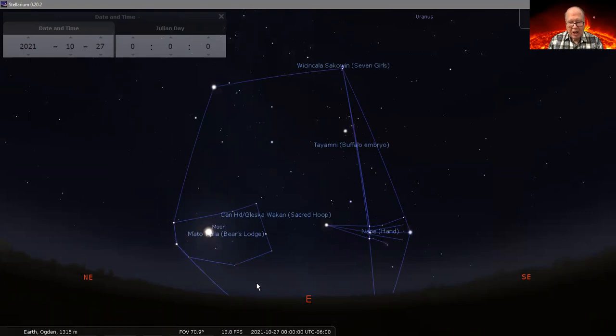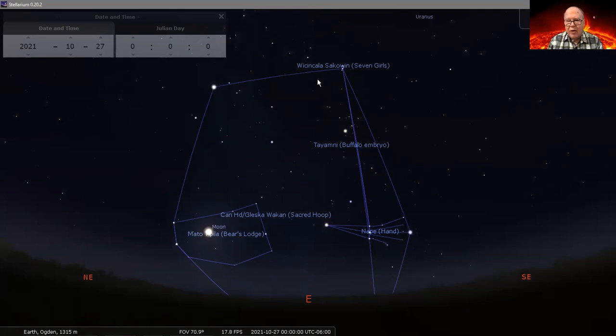For instance, here is a constellation called the Bear's Lodge, translated into English. Here is Nape, it means hand. This is a buffalo embryo.